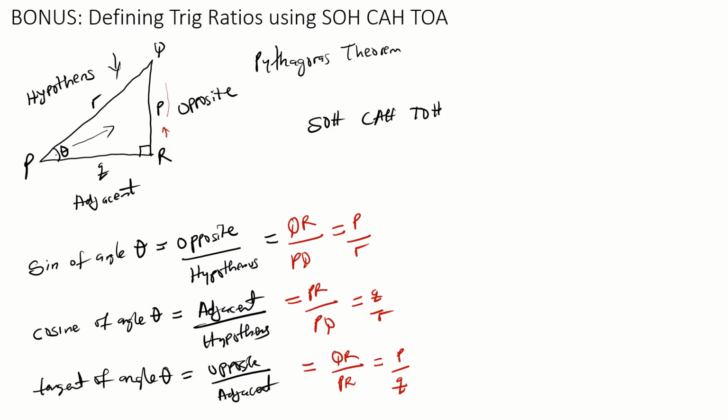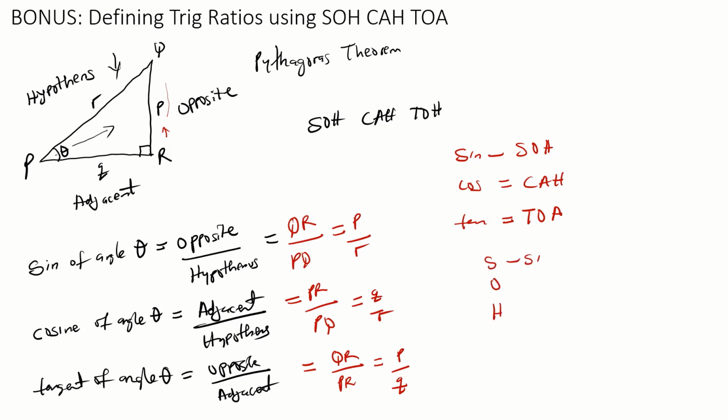Now, going back to SOHCAHTOA. SOHCAHTOA is just a way of simplifying this. The sine is the SOH, the cosine is the CAH, and the tangent is the TOA. So watch out. Sine is SOH.